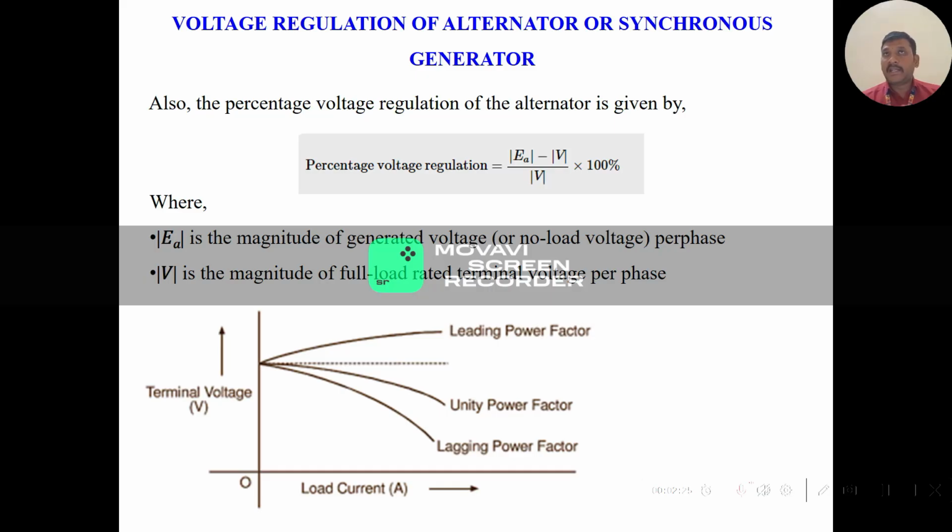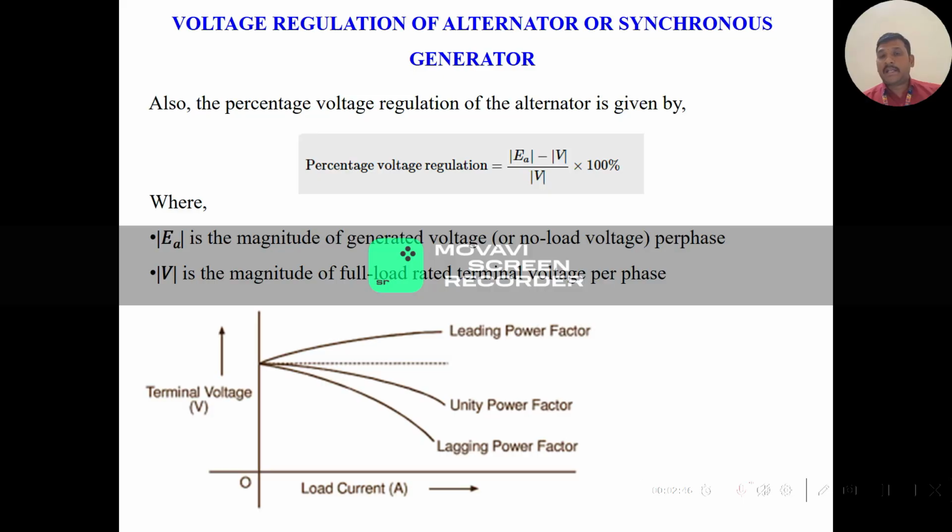Generally, we connect two or three different kinds of loads with the grid: resistive load, which creates unity power factor; inductive load, which creates lagging power factor; and capacitive loads, which create leading power factor at the alternator terminals.